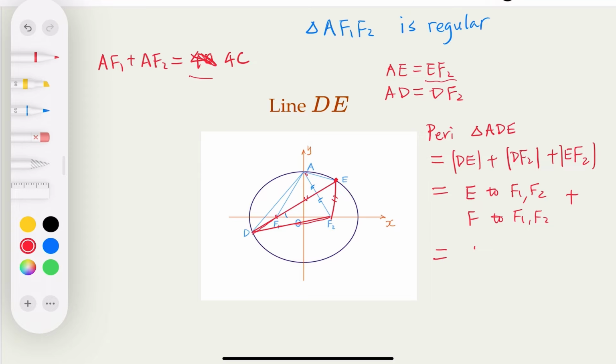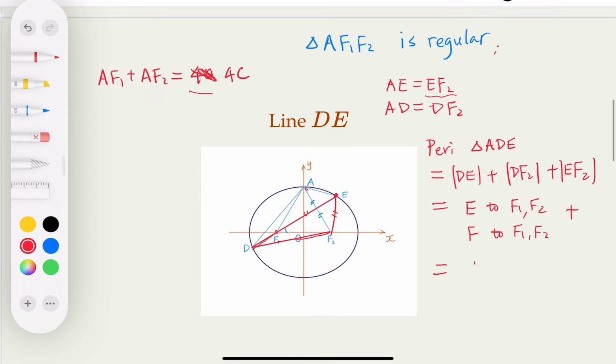In other words, the side is equal to a or 2c. Or equal to 2a, right? So 2a plus 2a. So we know the perimeter would be 4a.